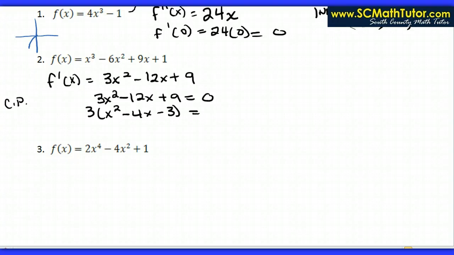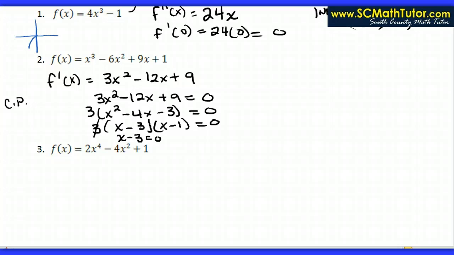This is just 3 times (x minus 3)(x minus 1) equals 0. We can divide out the 3, so we don't care about that. Set everything else equal to 0: x minus 3 equals 0, x minus 1 equals 0. Solve for x, so x equals 3, and we have another critical point at positive 1.